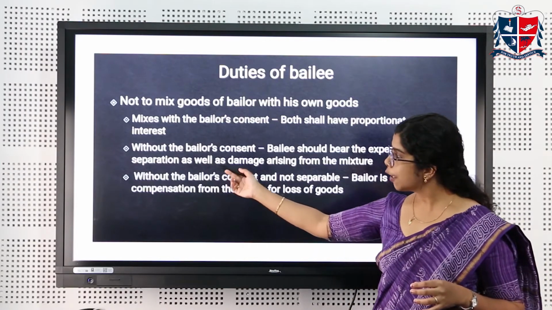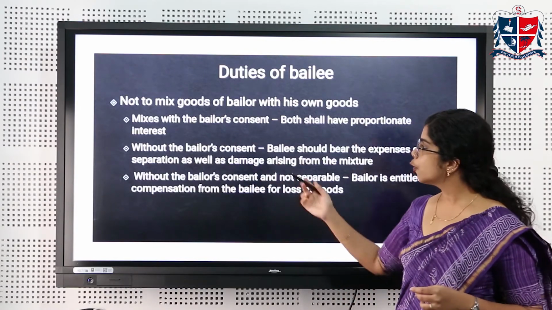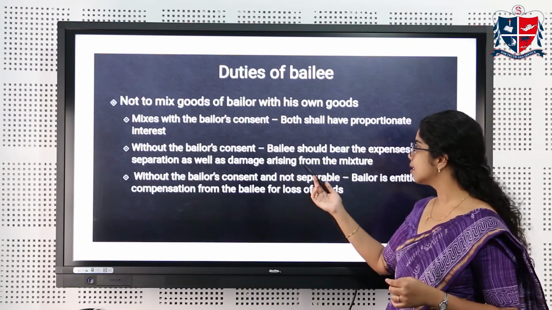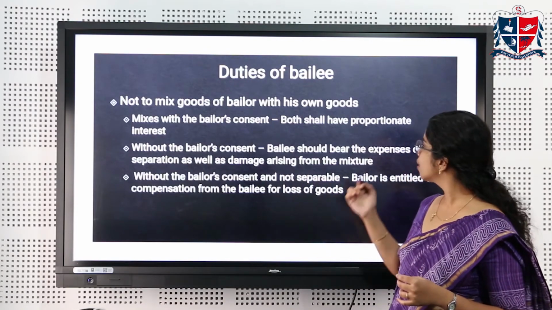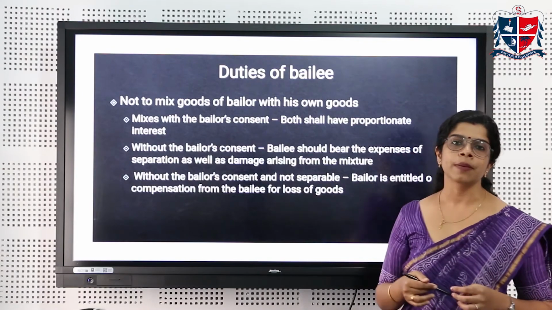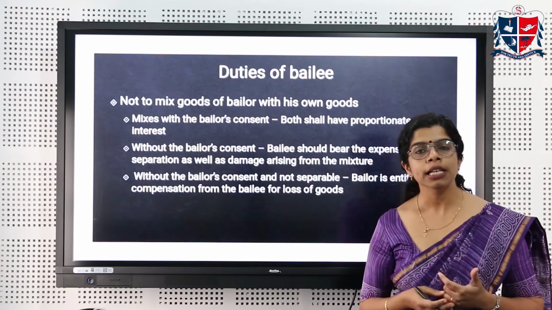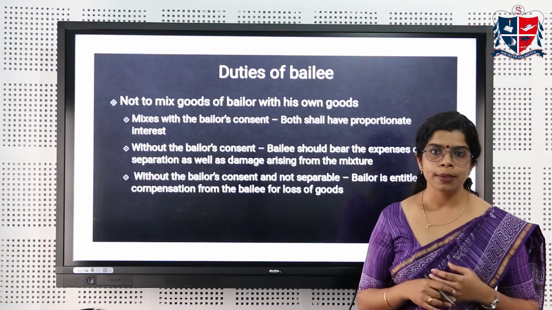Next, if the mixing has been done without the bailor's consent, then the bailee should bear the expenses of separation as well as damage arising from the mixture. So here, he is not informing the bailor that the goods have been mixed up.